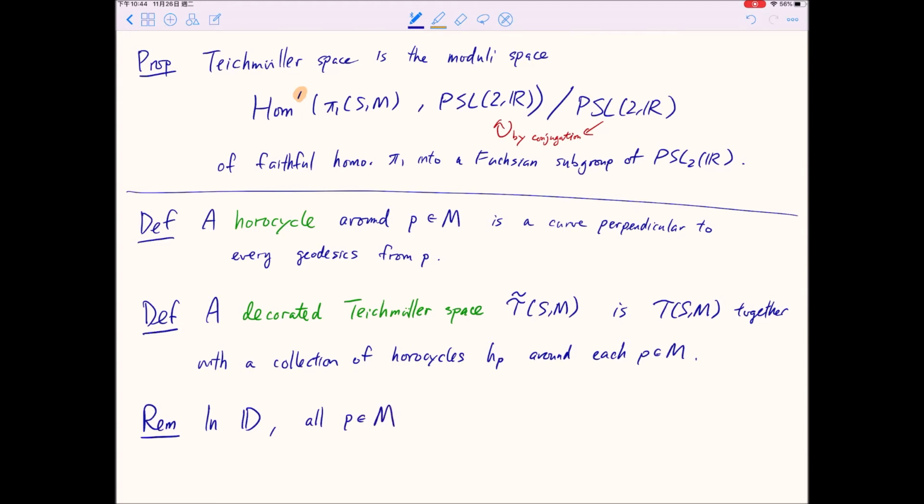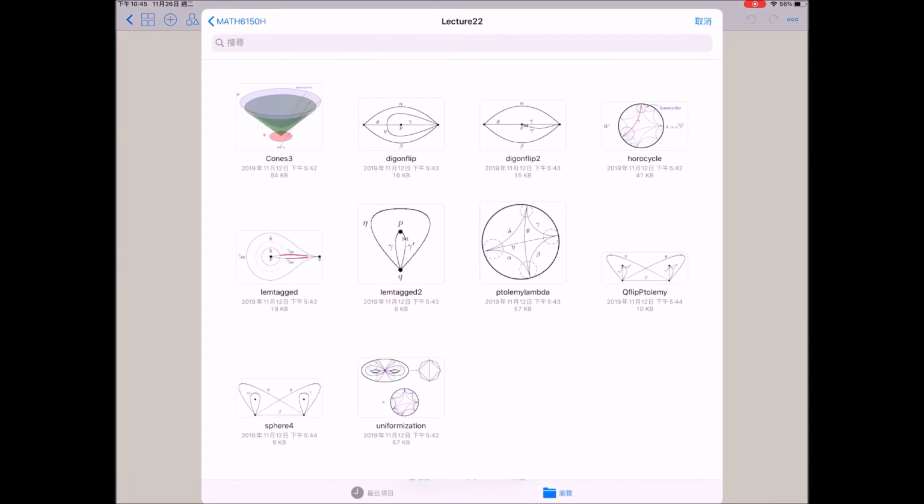So recall that in the open unit disk, all the marked points lie on the boundary. And it turns out that the horocycles, the curves that are perpendicular to every geodesic, are just realized as circles tangent to P. So to be clear, let me just import a picture.